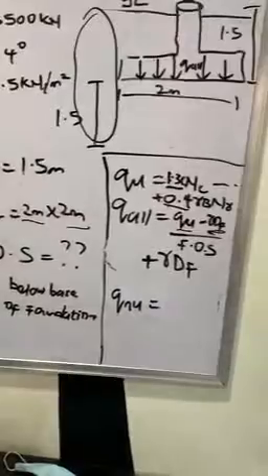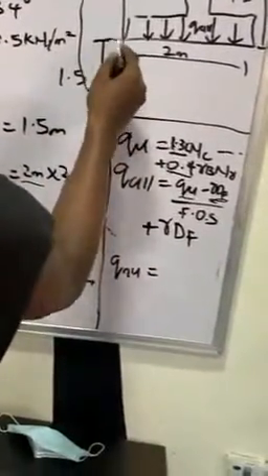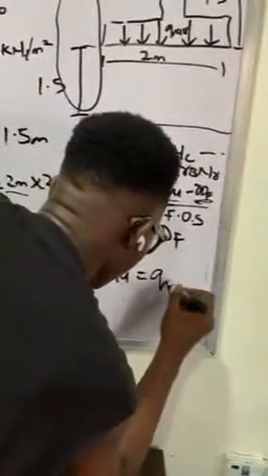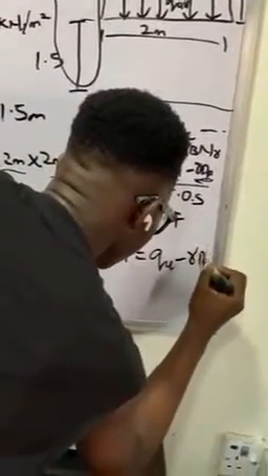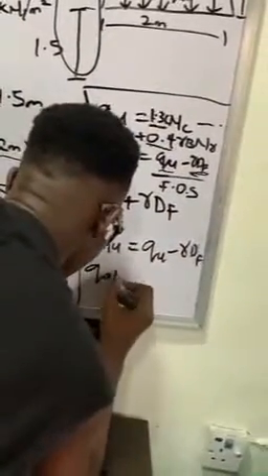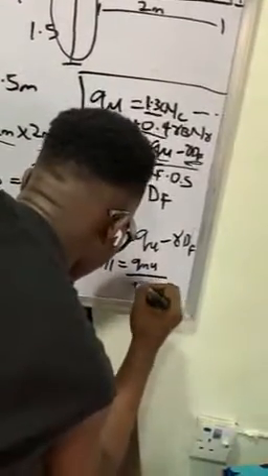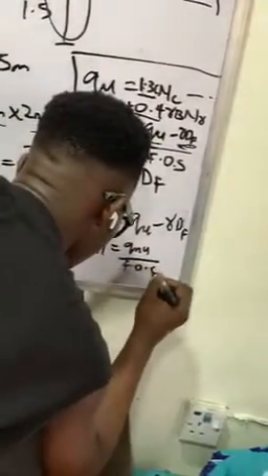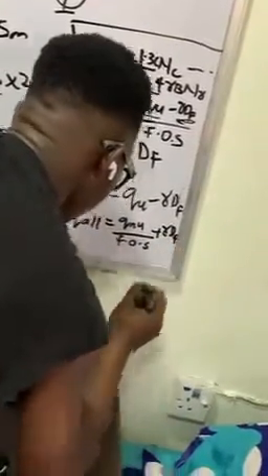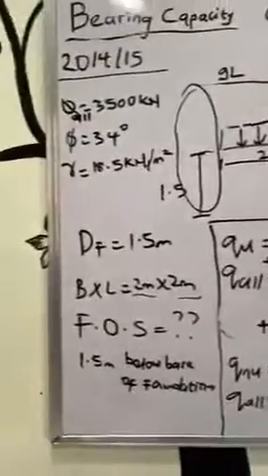This can also be called overburden pressure when the water is saturated. Then QNU is given by QU minus gamma DF. So that means this Q allowable, I can write it again as just QNU all over factor of safety plus gamma DF. Yeah, I think that is all we will need for this question.